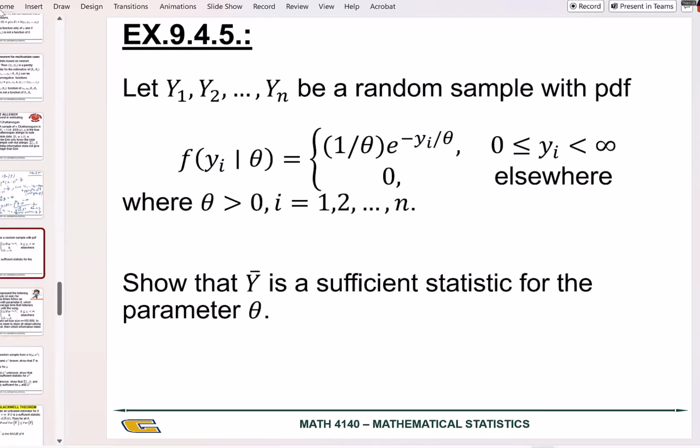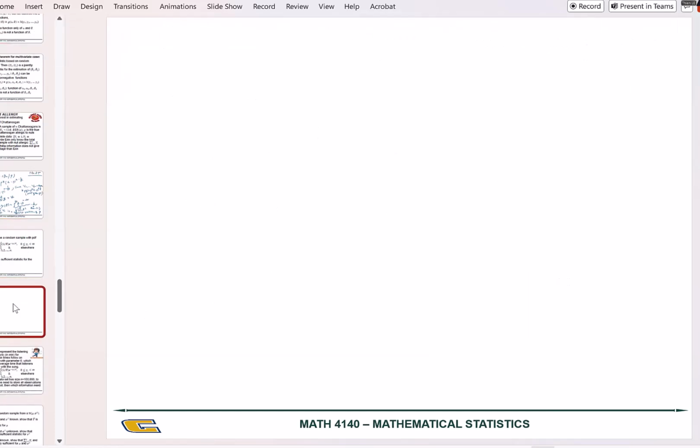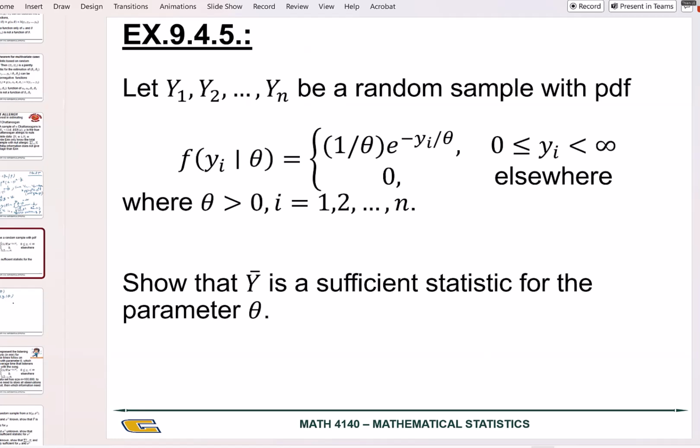So here it's the same story. You first write out the likelihood function, L of y1 to yn given theta, which is just a product. By this point you should be familiar with this procedure, which is the typical procedure when you write down the likelihood function.